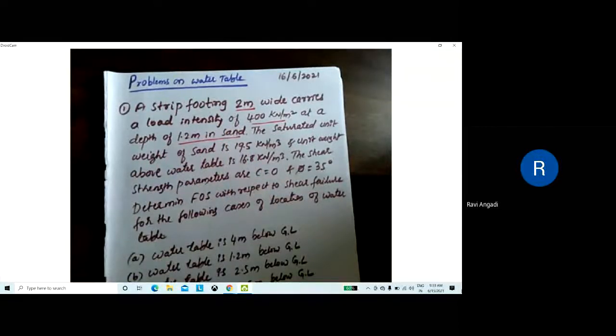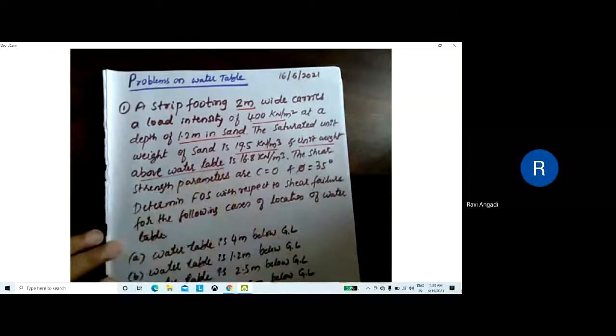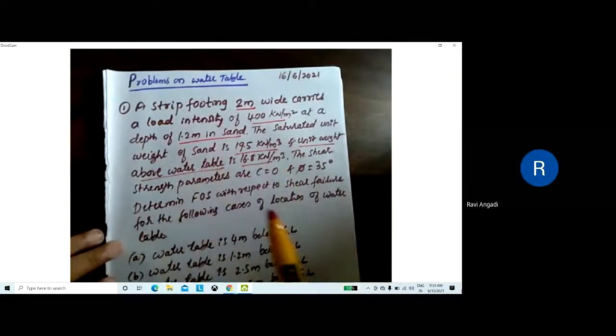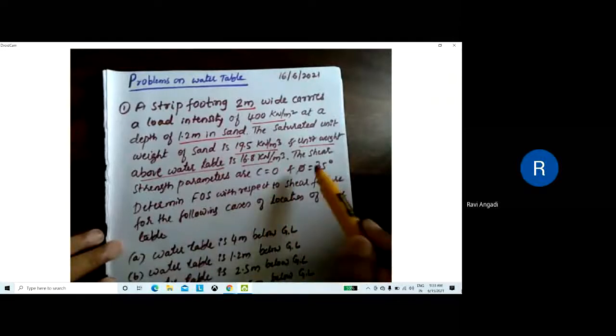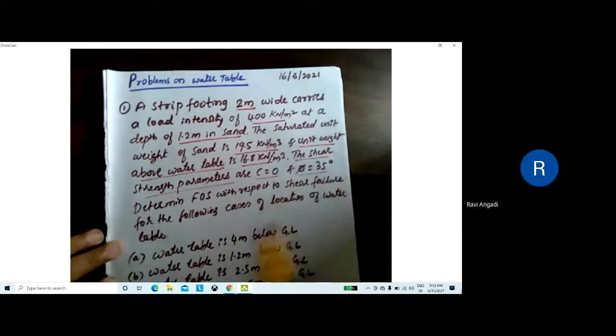The saturated unit weight of sand is 19.5 kilonewton per meter cube. Unit weight above water table is 16.8 kilonewton per meter cube. The shear strength parameters are C equal to 0 because it's sand, cohesionless, and the frictional angle is 35 degrees.